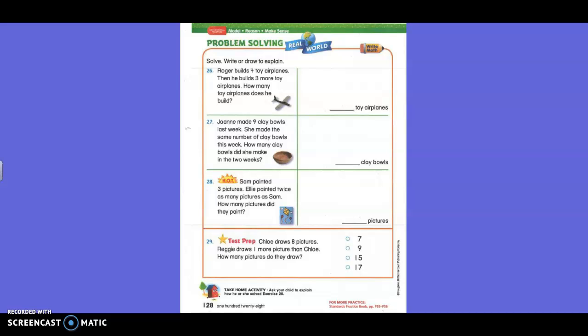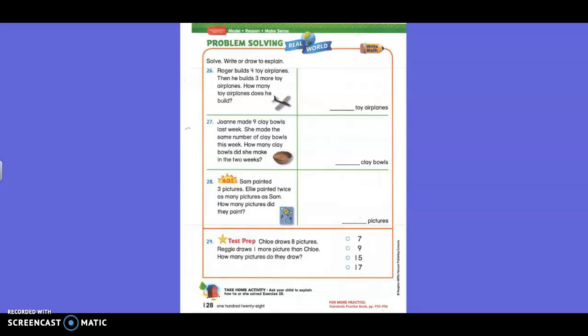Roger builds 4 toy airplanes. Then he builds 3 more toy airplanes. How many toy airplanes does he build? Okay, so the first sentence says he builds 4, right? Okay, what can we do to show that?